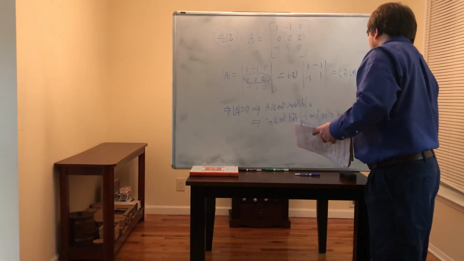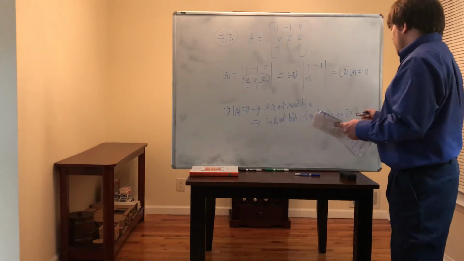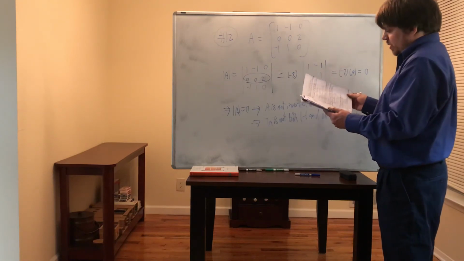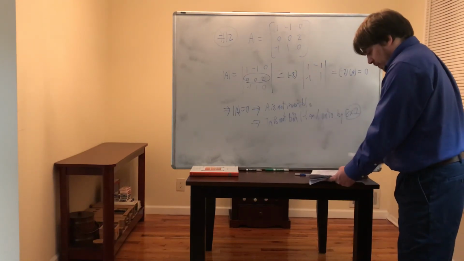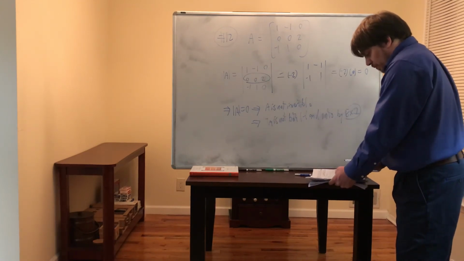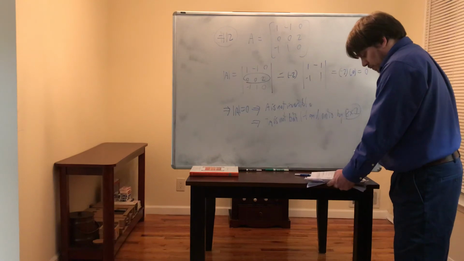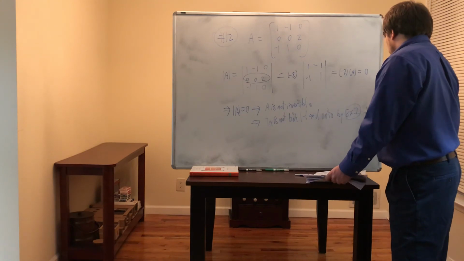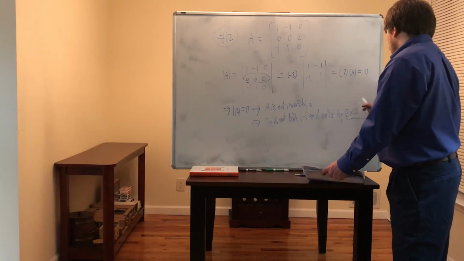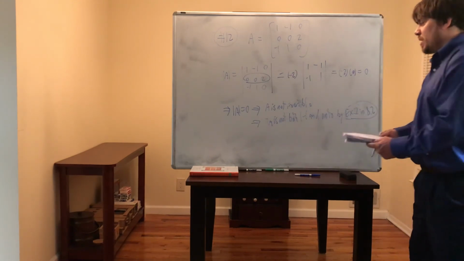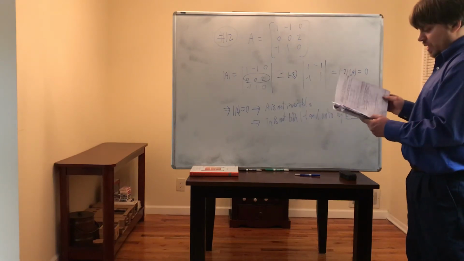And this is by example 1 in 8.2. Earlier there was an example 1, not in 8.3, in 8.2. I'm going to put a circle around it. So you want to look at that. So A is not invertible, therefore T sub A is not both 1-to-1 and onto.